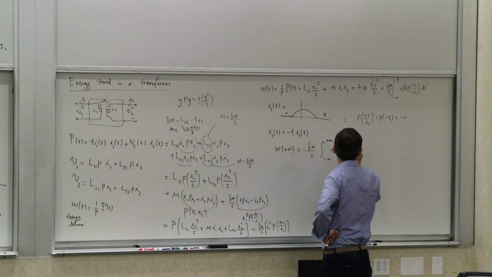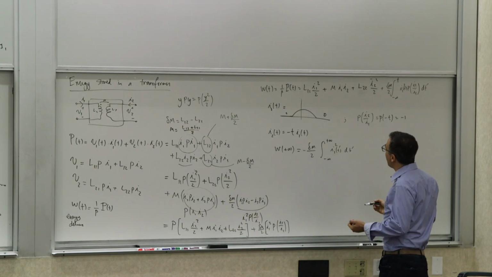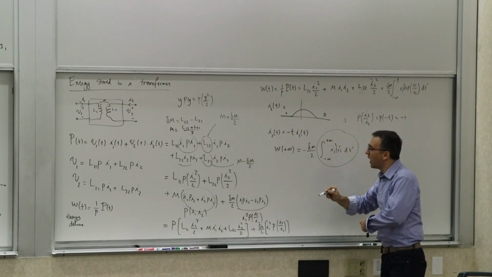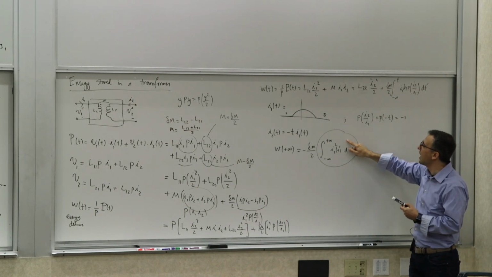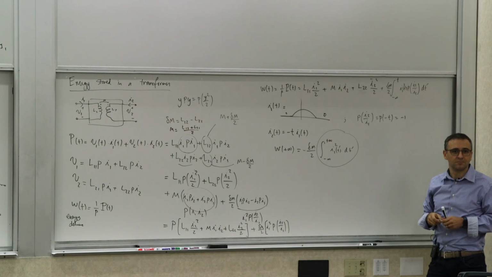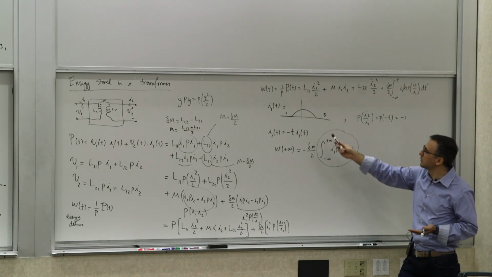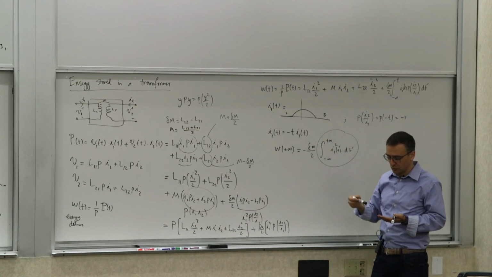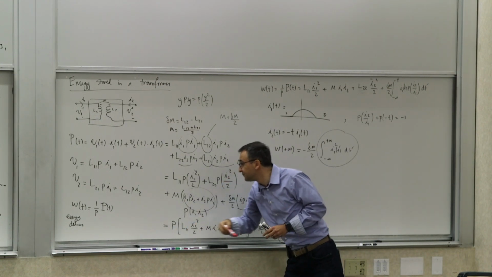Because of that negative sign, dt. So whatever this is, we just need to know one thing about it. What is its sign? It's positive, right? The integral of this function is positive, the way we've defined it.